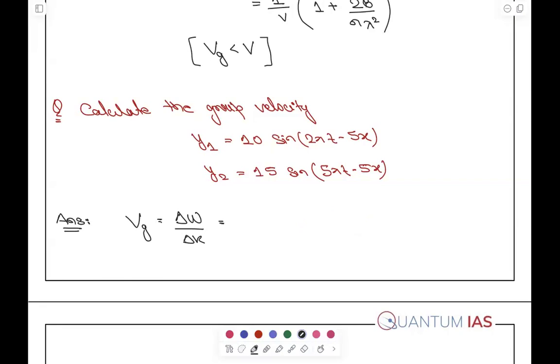Delta omega किसी से किसी को माइनस कर दो, कोई फर्क नहीं पड़ता। So 2 pi minus 5 pi. And what is k? -5 minus 5. 2 pi minus 5, minus plus of 5.